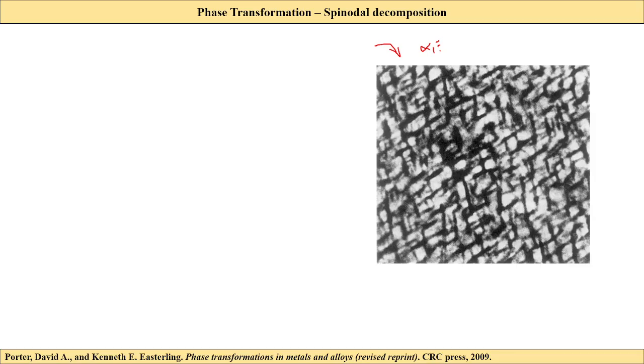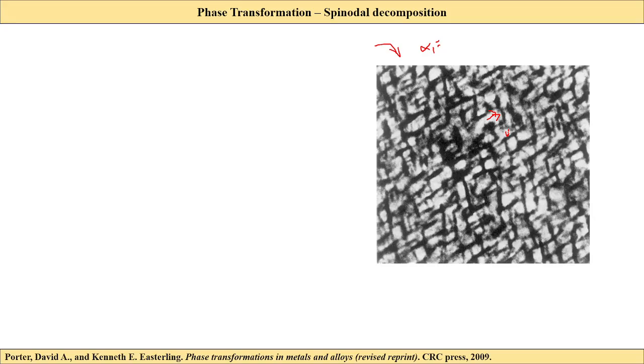Alpha 1 will appear grayish, dark grayish in color when compared to the light gray. That is why we see these two different grayscale regions: one is light gray, a brighter image, and the other is darker. So the lighter region is alpha 2, and the darker gray region is our alpha 1.